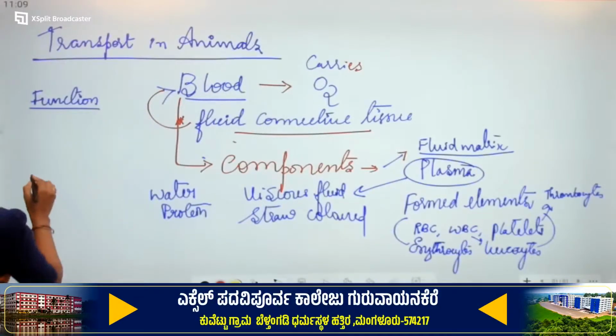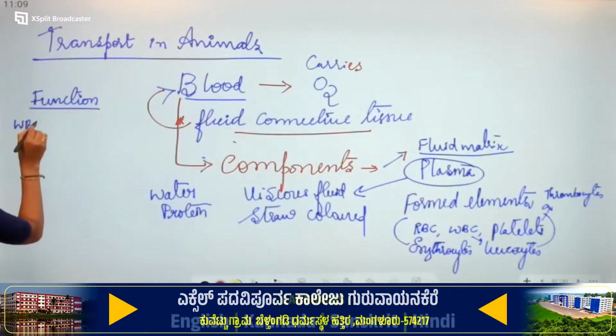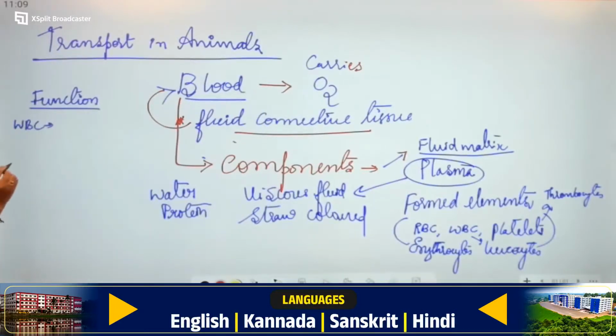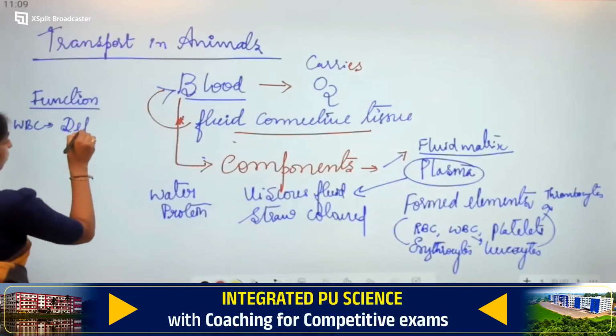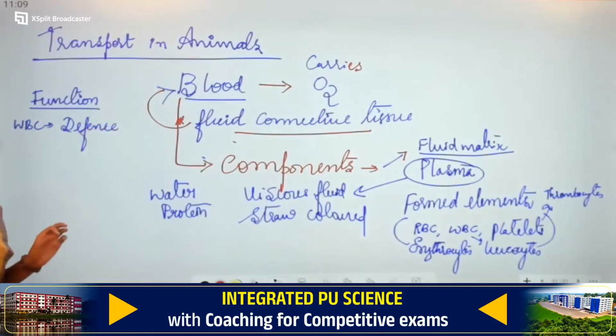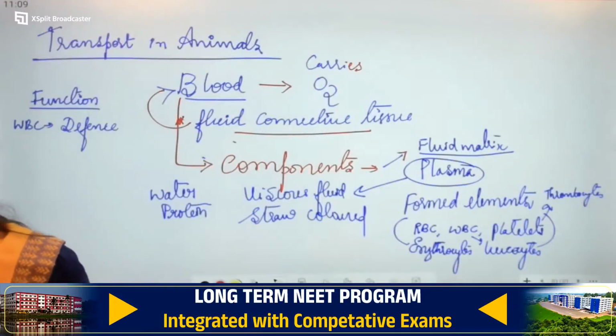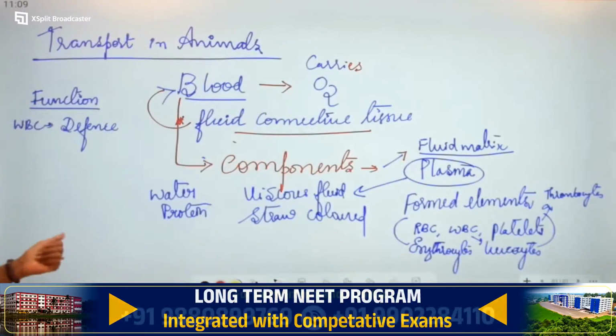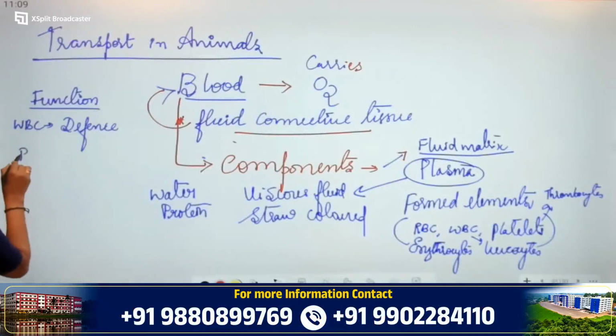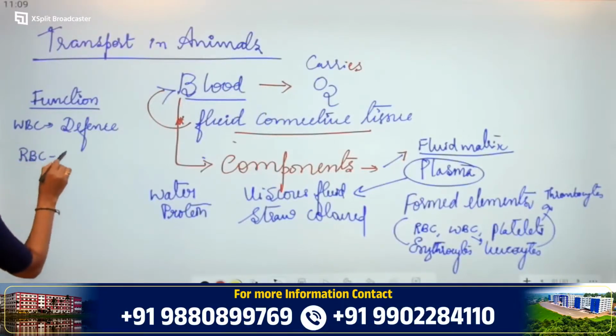You can say WBC fights against the infection, or you can say it helps in the defense mechanism of the body. Now, when we say RBC, RBC will help in transport of respiratory gases.